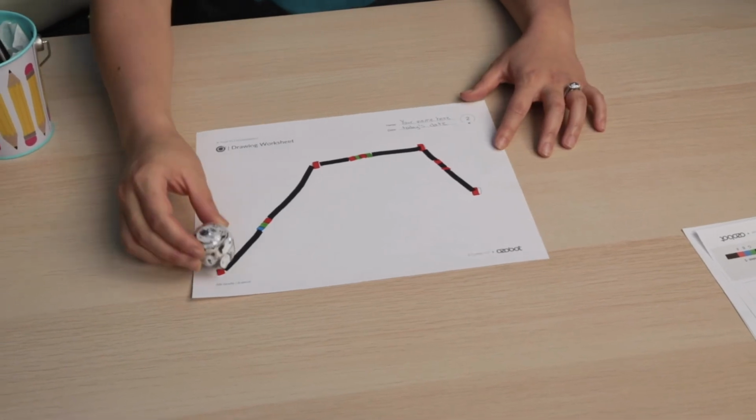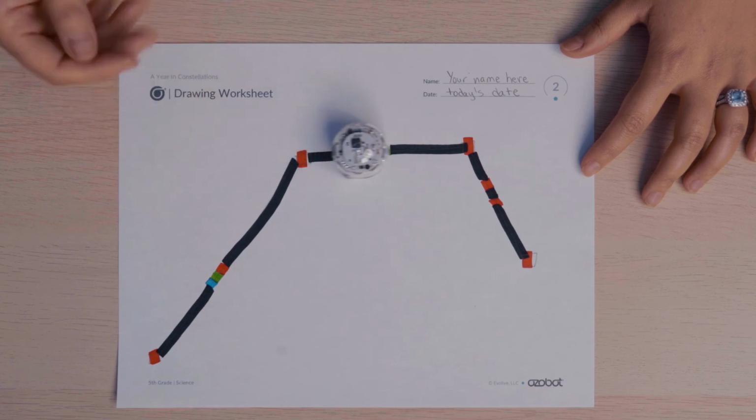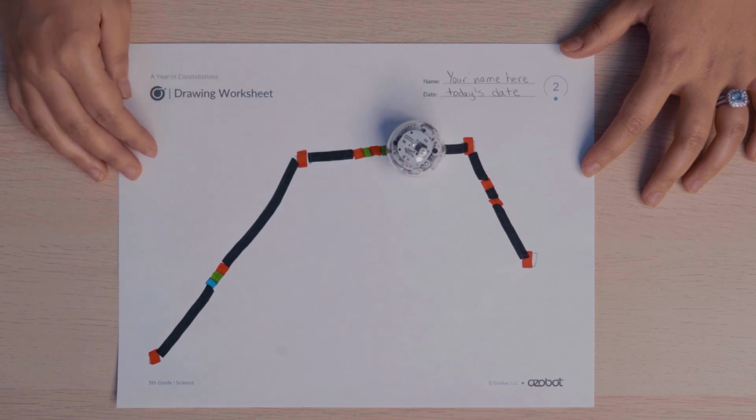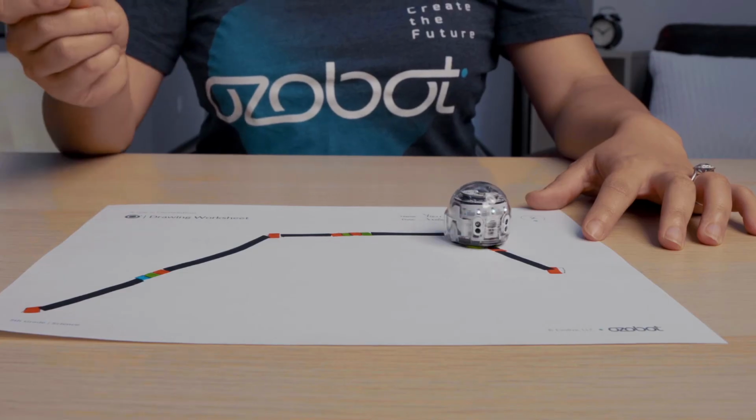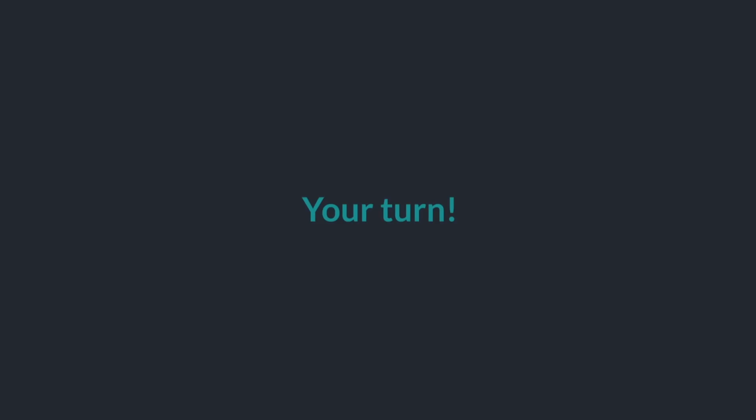Put the Ozobot on one of the stars or the black line to begin. Then watch as it moves from star to star to form your constellation. If the bot doesn't make some of the turns due to the tight angles, feel free to pick up the bot and place it in a different spot to have your bot continue traveling.